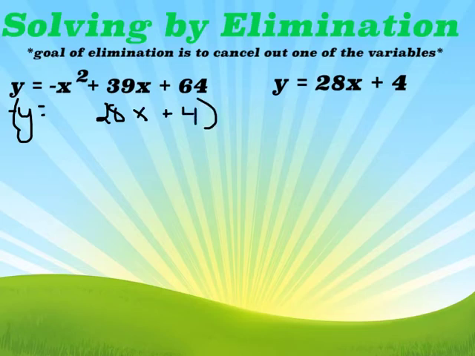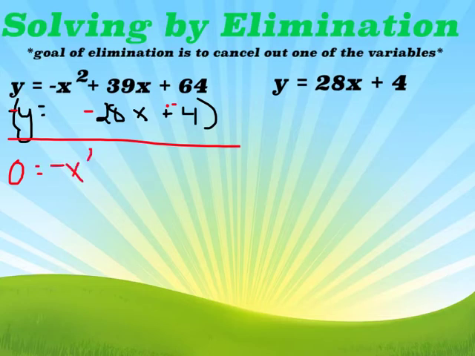Notice how I put parentheses around the equation and lined it up. The parentheses remind me that I need to distribute that negative throughout. So I'm going to have a -y, a -28x, and a -4. I'll add those straight down, and I get 0 equals -x squared plus 11x plus 60.